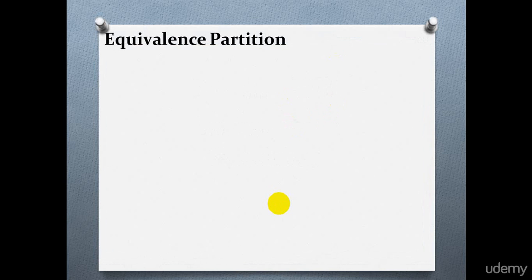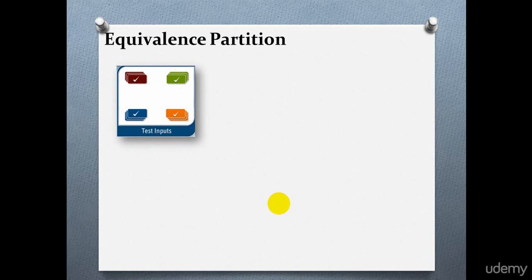Equivalence partition. If an application behaves in an identical way for a set of values, then it is known as equivalence class or partition. The functionality of the application would be the same for any data value within the equivalence class or partition.